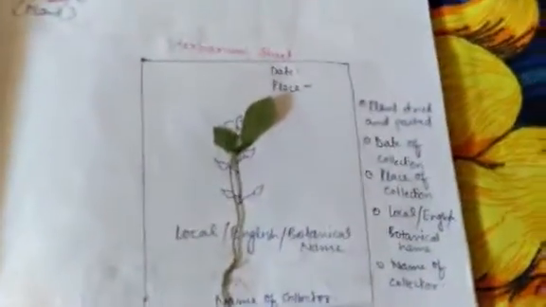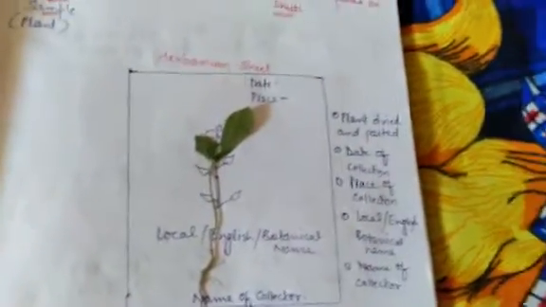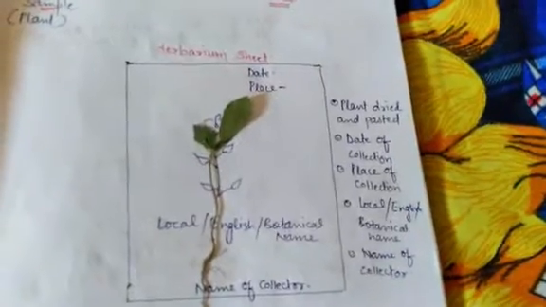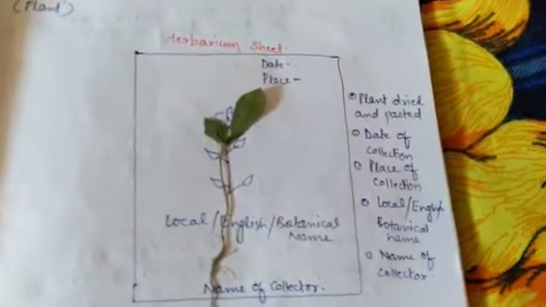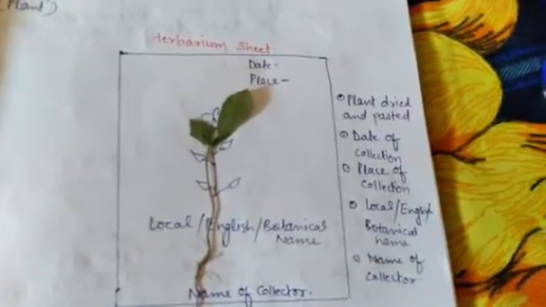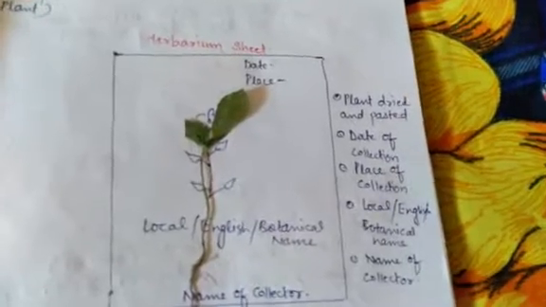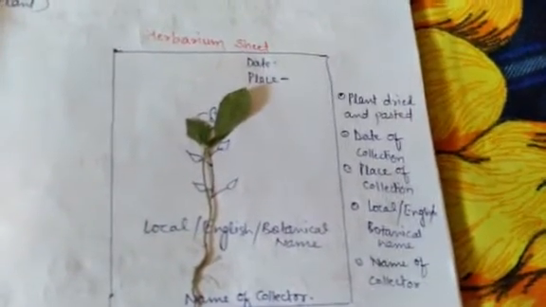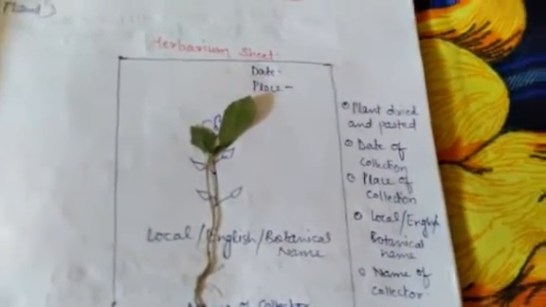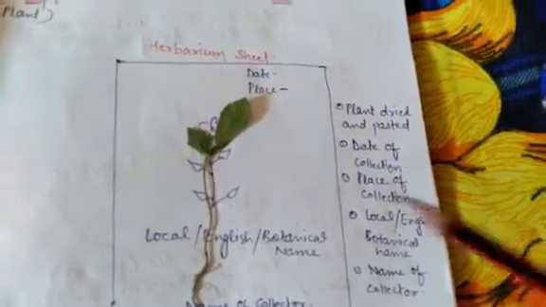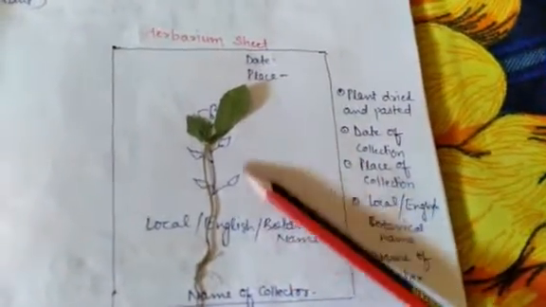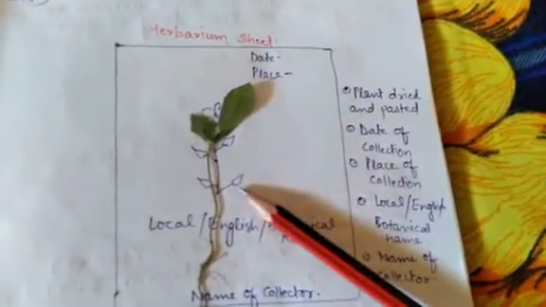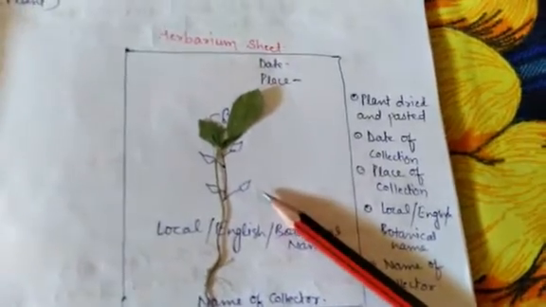This is a herbarium sheet. Okay, it's not an actual herbarium sheet. The actual herbarium sheet looks like this sheet, and this useful information is present in the original herbarium sheet. So what happens in the herbarium sheet? Here one plant is present. I got this plant very near to my home.